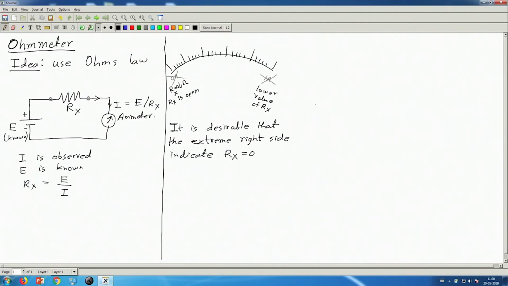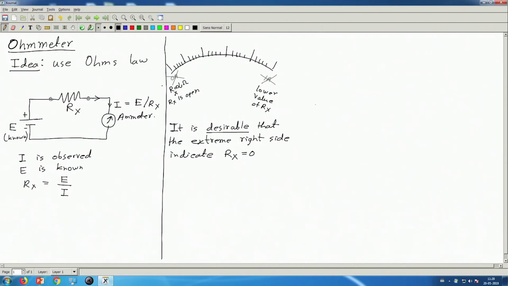this is desirable. I mean, this is also logical, if I make a meter, it is convenient to have one side indicating 0 value of the quantity, that means the resistance that we are measuring. So this is desirable. Okay. So remember that this is a desirable condition of this meter.